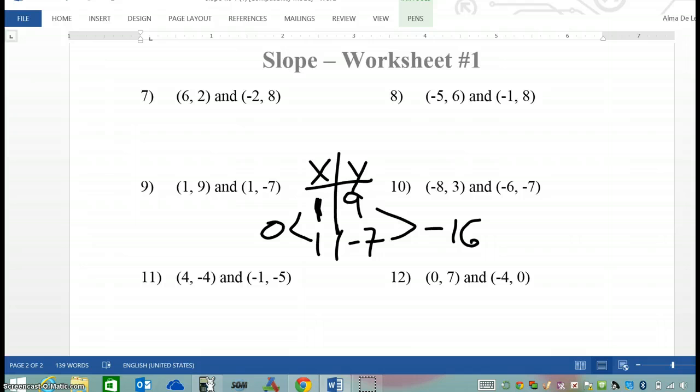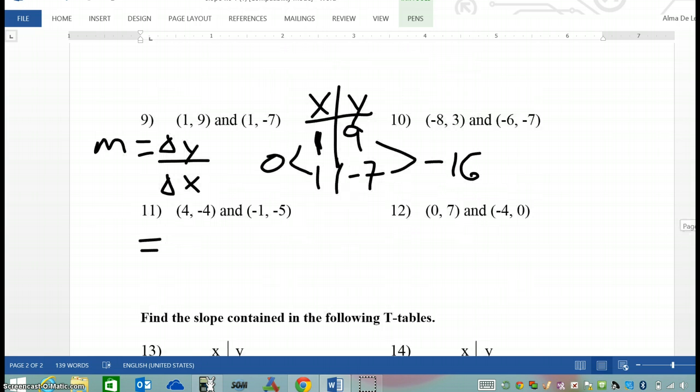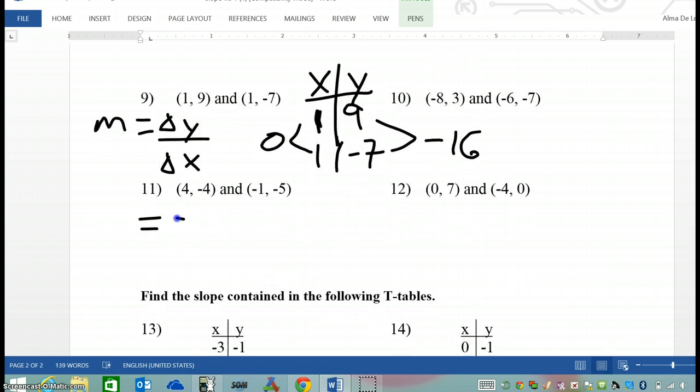Now again, slope is the change in y over the change in x. And in this problem in particular, the change in y is negative 16, but the change in x is 0.